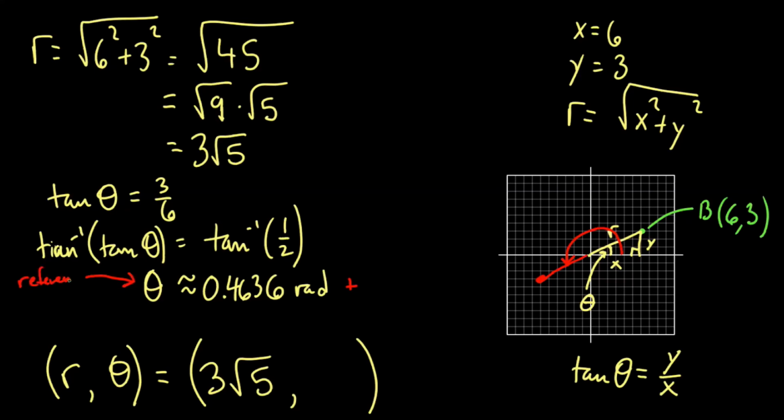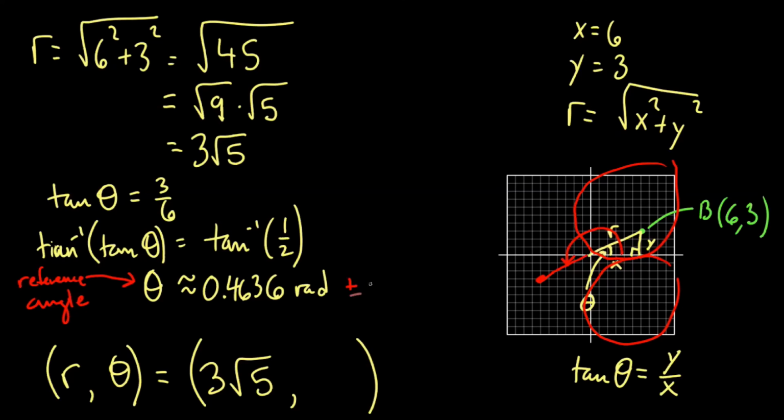That's exactly right. Okay. And then if you're in quadrant 1, then your reference angle is exactly the angle you have here. If you're in quadrant 4, the reference angle will be exactly what you need. But if you're in quadrant 2 or 3, then you'll need to make an adjustment. Tangent will only give you answers that are here or here with inverse tangent. And so if you're in here or here, you'll have to add pi or subtract pi. Okay. But in our case, we don't need to do that.